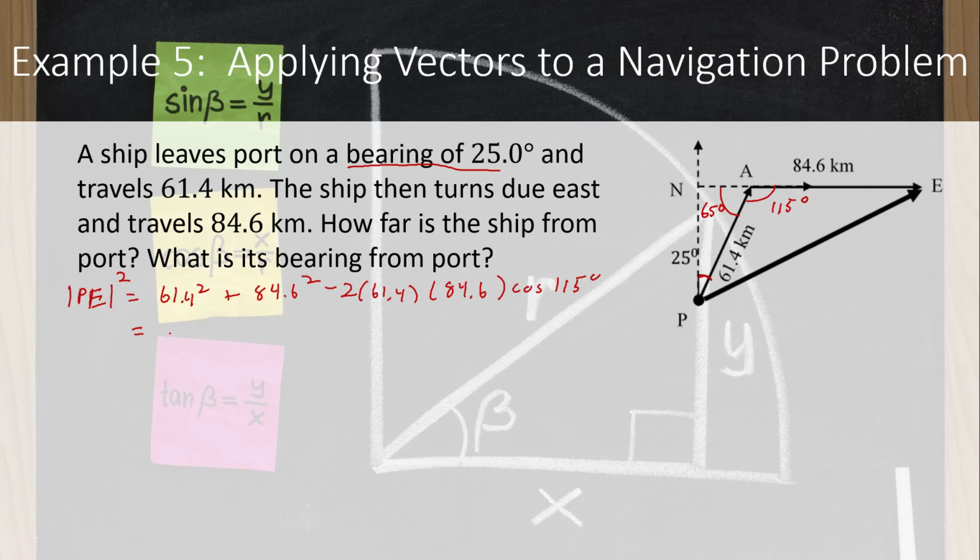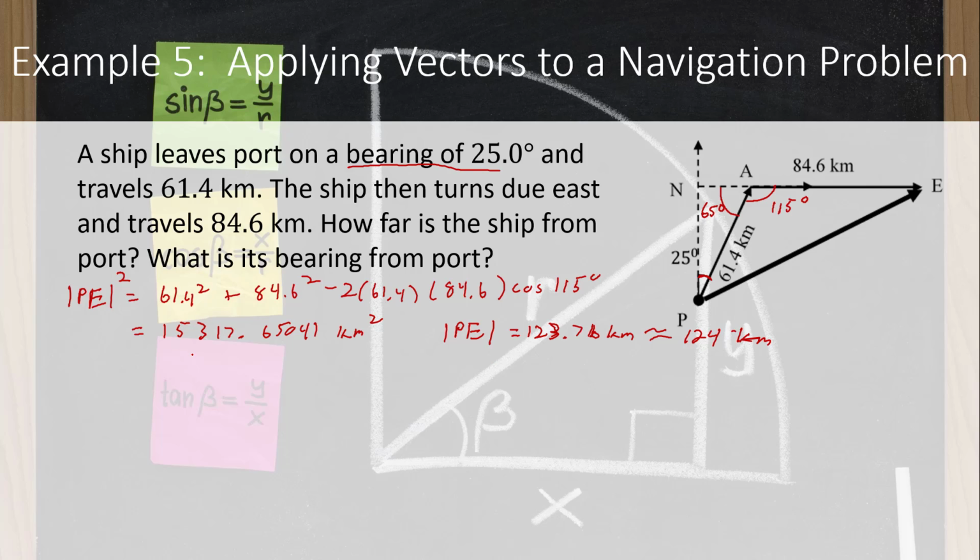And that will be equal to 15,317.65041 kilometers squared. And if that's the case, then the magnitude is going to be the square root of that, and that will give us 123.76 kilometers, and we can round that to 124 kilometers.